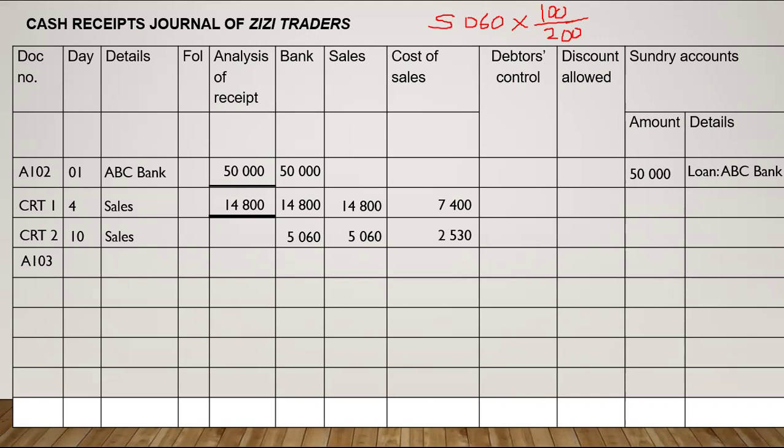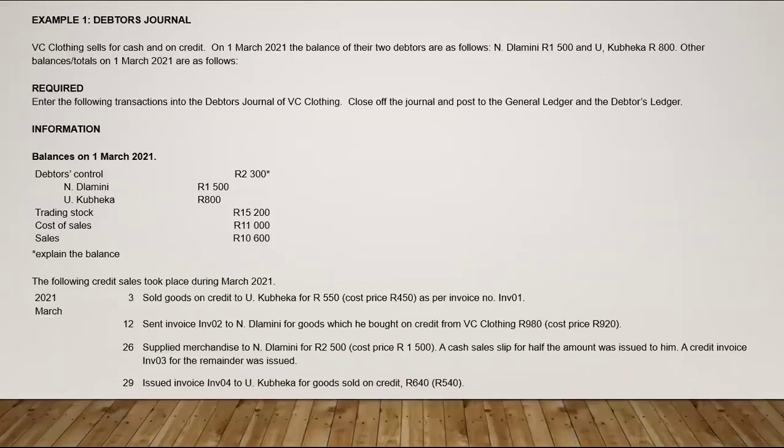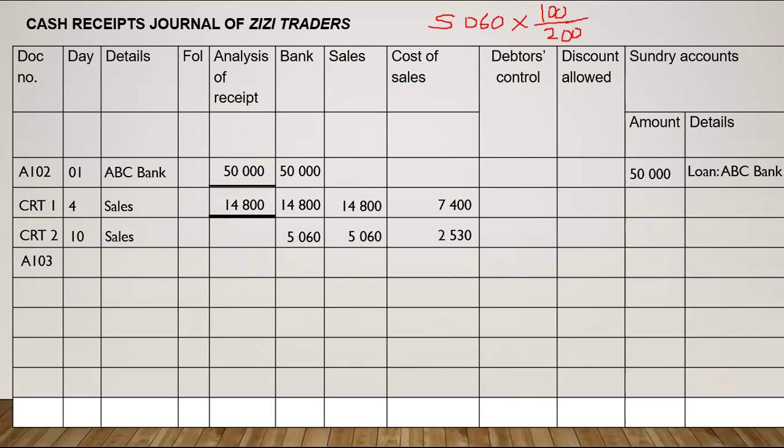So I will not write the date again. I'll go straight to details. I have A. Adams. It'll go under analysis of receipts and it'll go under bank.